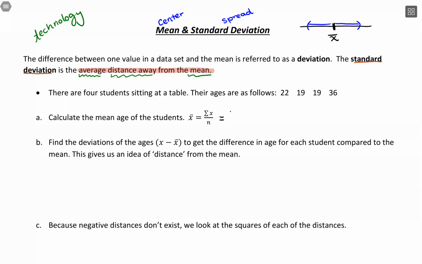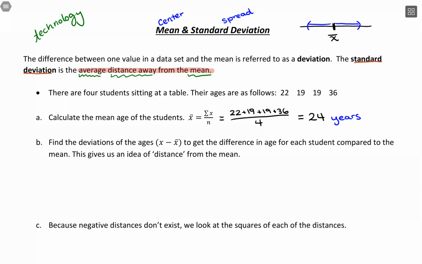We'll add up those values and divide by the number of students, plug that into a calculator, and that'll be 24. Let me even put our units here: 24 years old.